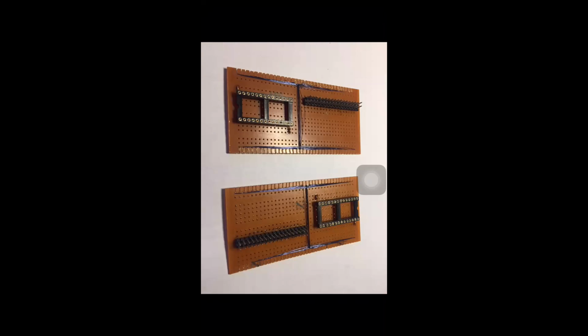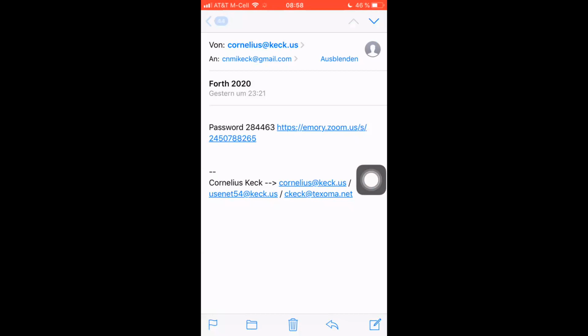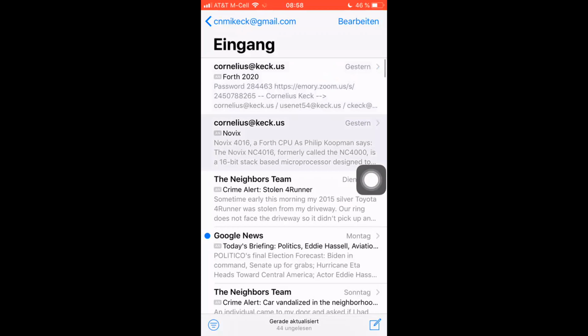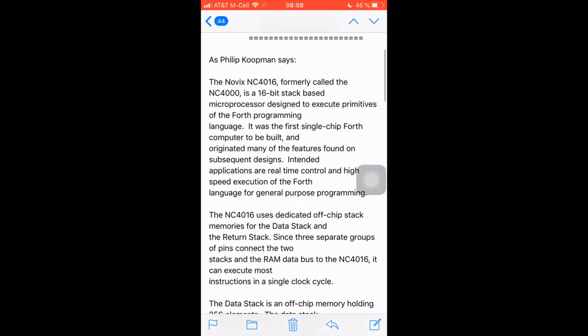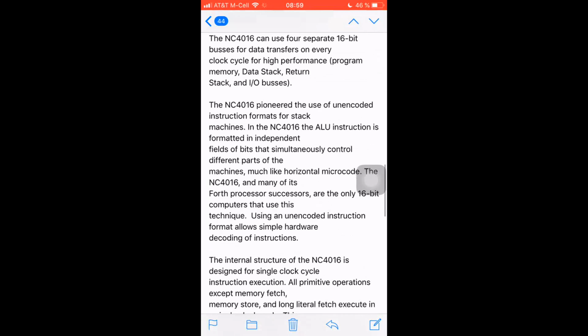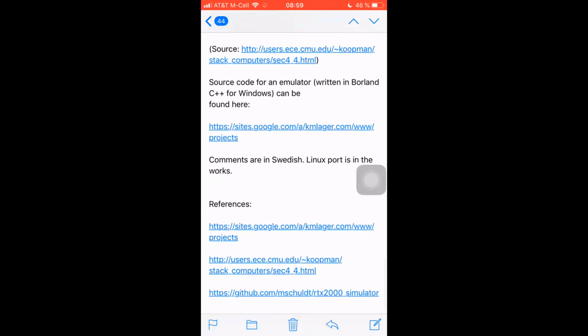While looking for documentation for this chip, I came across a simulator where the CPU part is reasonably well written.